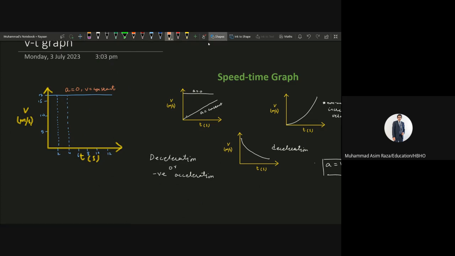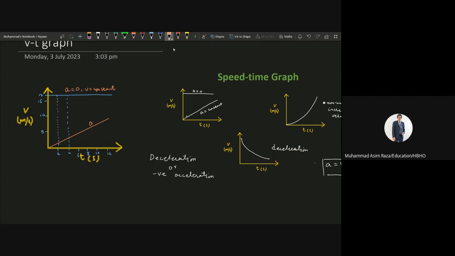However, if you have a straight line like this one, as you can see over here, let's say this is a speed that has an acceleration.